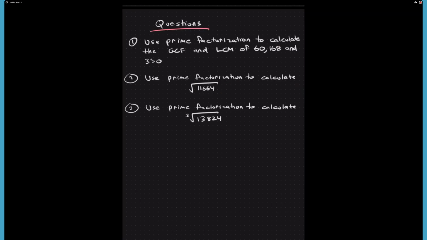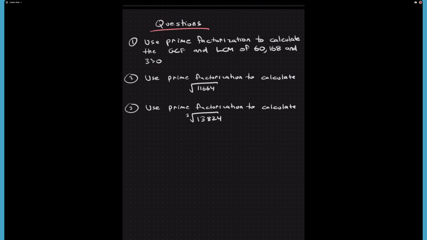Well, that ends the lesson on those 4 concepts, and as we did in the previous video, now we're going to move on to some questions. So here are your 3 questions to do for this lesson. Use prime factorization to calculate the greatest common factor and the lowest common multiple of 60, 168, and 330. Question number 2 is to use prime factorization to calculate the square root of 11,664 and to determine if it actually is a perfect square.